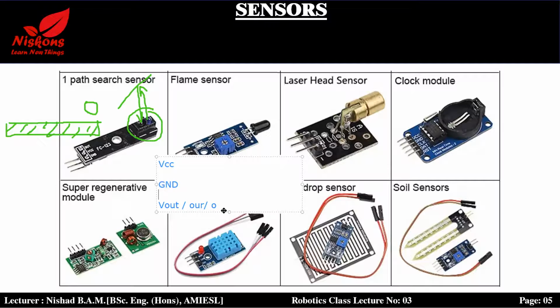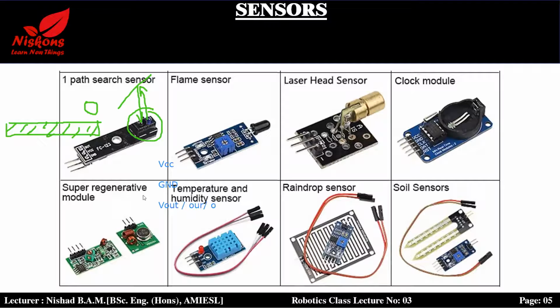So what is the V out signal? Can anyone tell what the V out pin is for? So what we have to do is connect the positive terminal at the VCC, the negative terminal at the ground, and obtain this signal, right? So this is the identifying component, right?